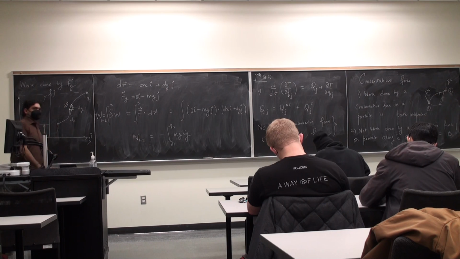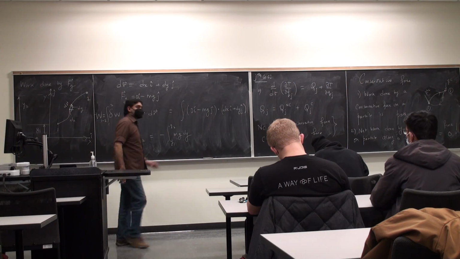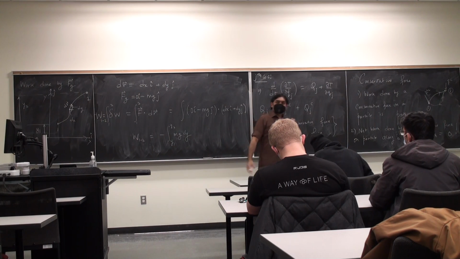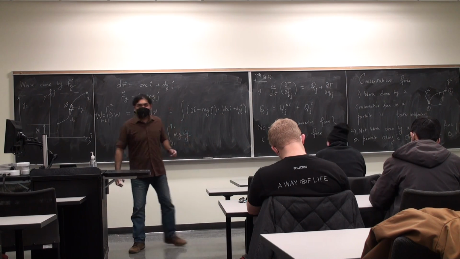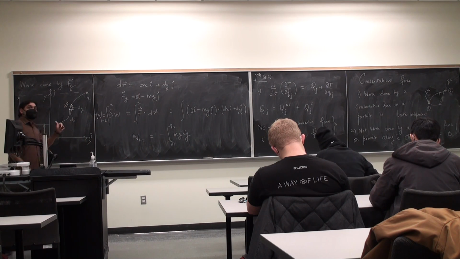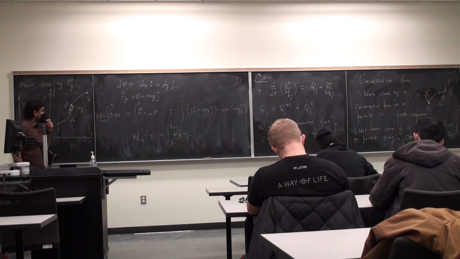And so you can obviously see that no matter what path I take to go from point 1 to point 2, I will end up having the same integral, which is why it is independent of the path taken. And if I reverse the path, I'm going to get plus mg times the integral from y1 to y2. If I add them up together, it ends up as 0, which is the second point I made there.